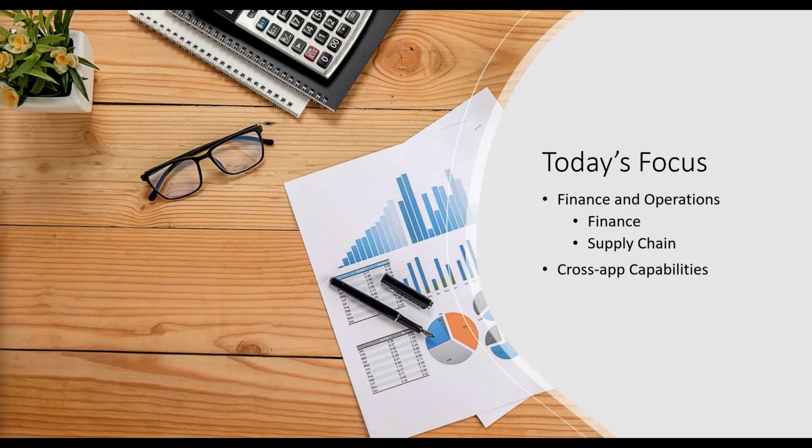Now, with finance and operations, there are a couple of other products on here that we're not including, for example intelligent order management and also project operations. Because of our limited time, we wanted to make sure that we covered at least finance and supply chain and even the cross-app capabilities between these particular apps on the finance and operations platform.